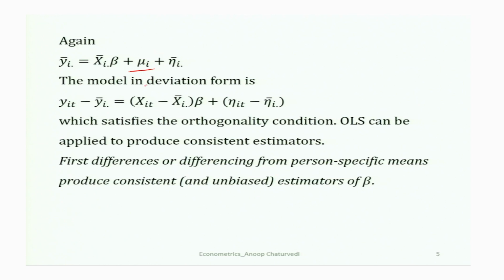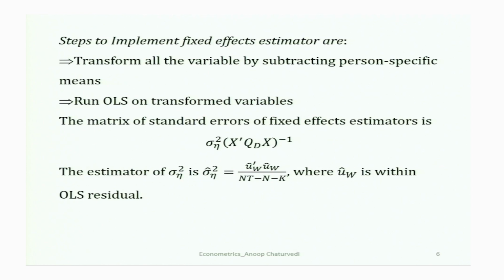If you take some other transformation and you get rid of this mu i, then that transformation may also work. So, the steps to implement fixed effects estimator are: transform all the variables by subtracting person specific means, and then run OLS on transformed variables.